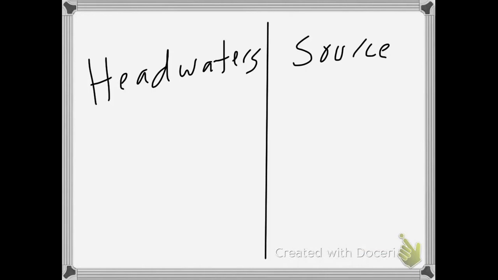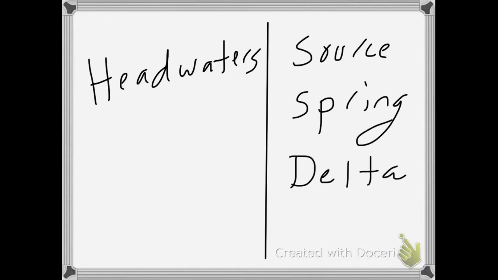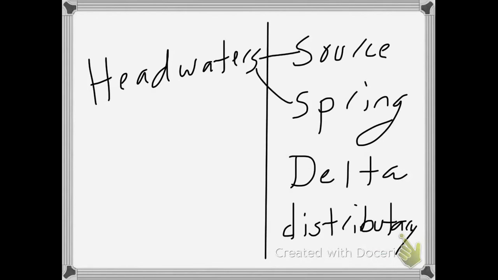Is there a relationship between headwaters and source? Is there a relationship between headwaters and spring? Does delta fit into this? And the final word here is distributary. So which words better fit or closely match or have a good relationship with the word on the left? So headwaters is a source. Usually the headwaters is a spring, which is where water is coming out of the ground. And that's pretty much it.